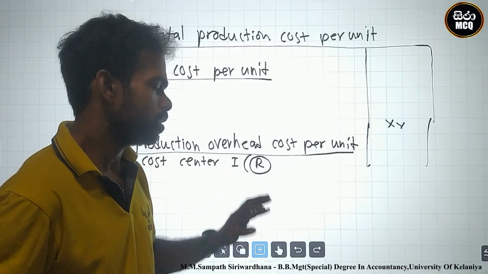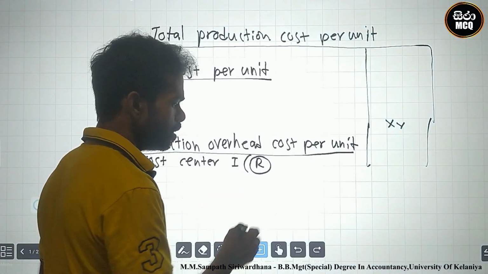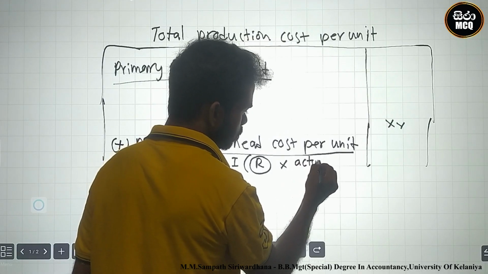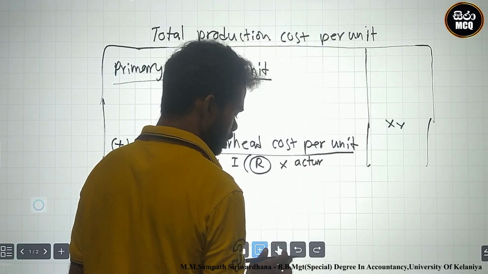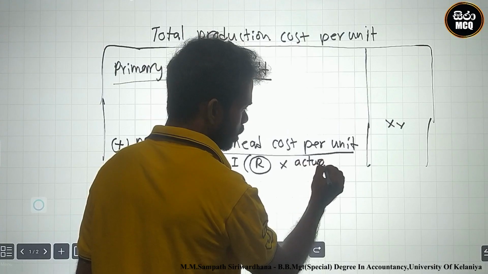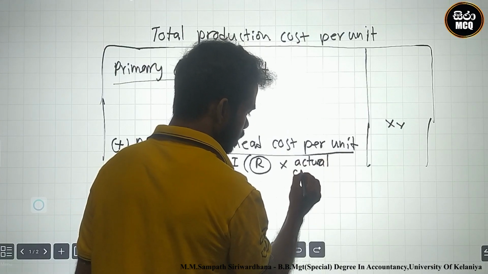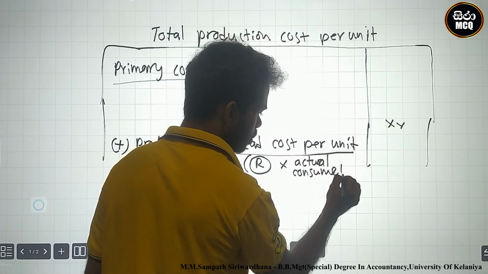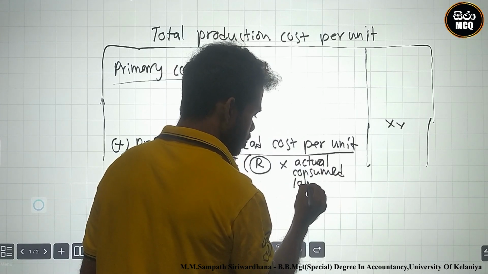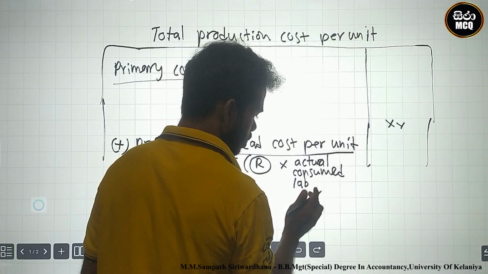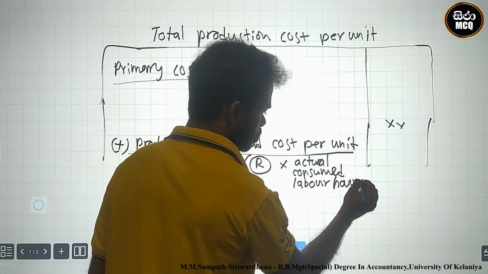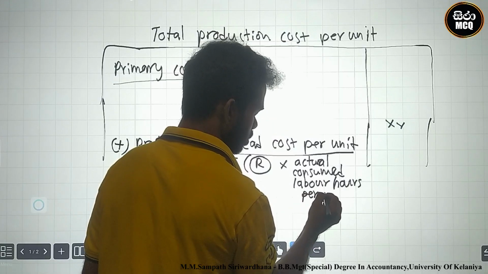This is the meaning of the absorption rate. After that, you multiply by the actual consumed labor hours per unit.